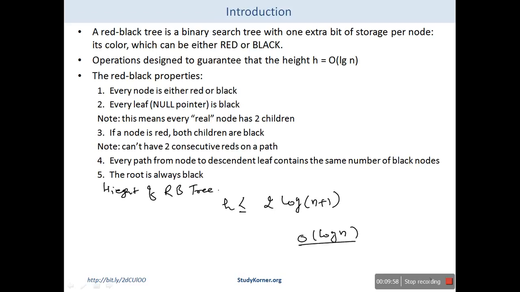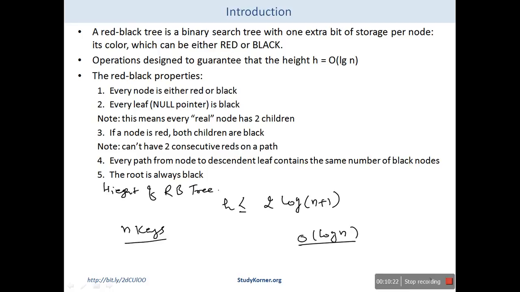The height is always in the order of log n, where n keys are there. The proof of the same can be seen in the Cormen book, so you can refer to that. So the height of a red black tree is always order of log n.